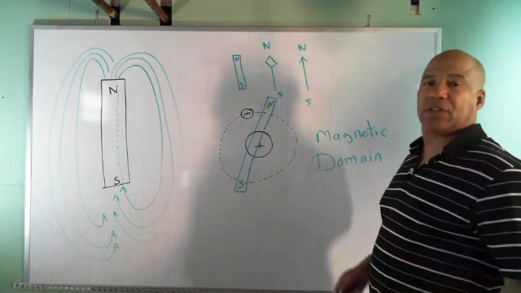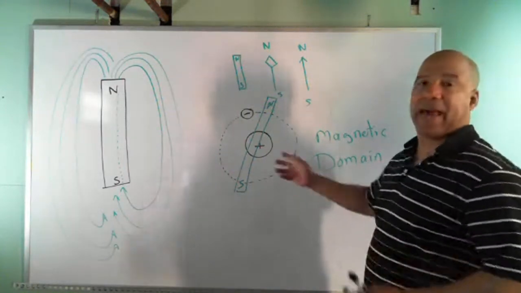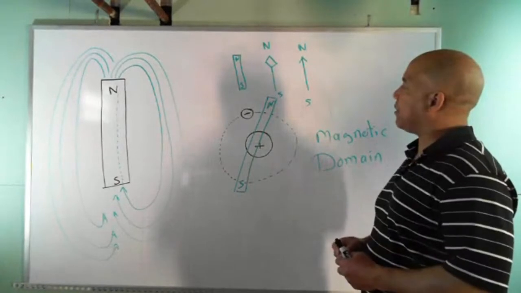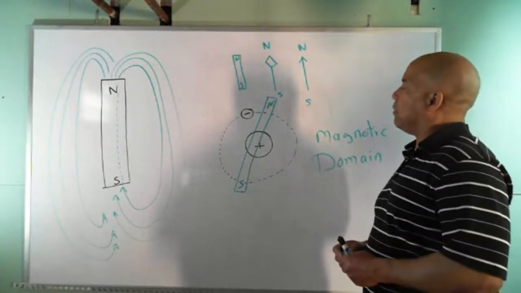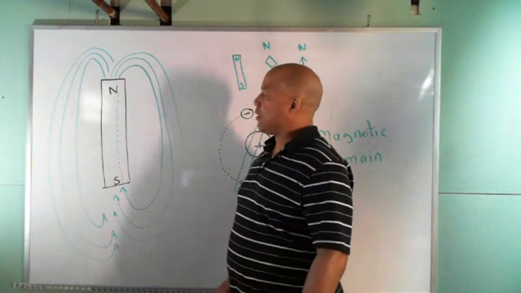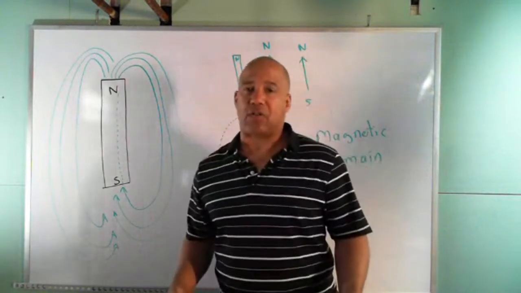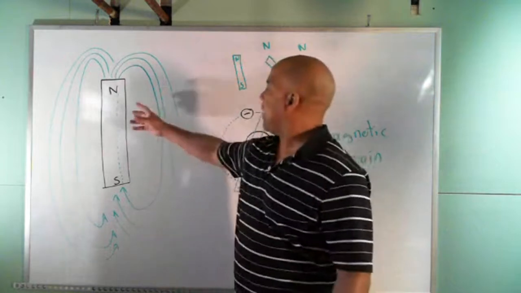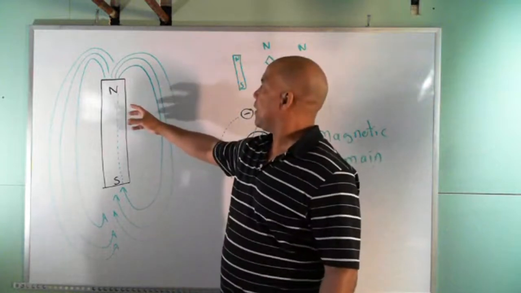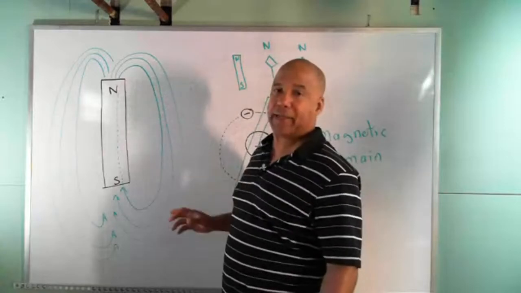So every atom is a little tiny microscopic magnet. Well, okay, so I have atoms in this bar magnet. Those atoms have electrons. Those electrons are spinning, those electrons are revolving, and that makes up the magnetic field. The sum total of all that makes up the magnetic field around any bar magnet.